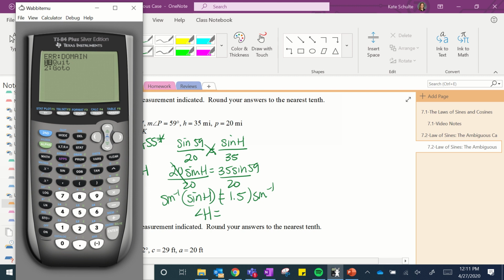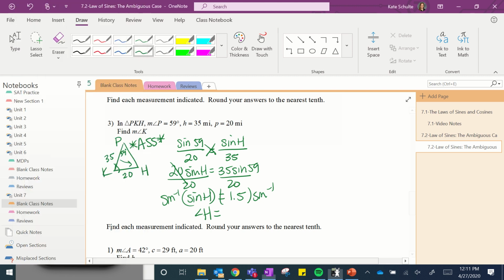So we haven't fully talked about this yet in terms of our domain and our ranges with trig functions. But basically what's in here has to be less than 1. Well, this is for sine or cosine. It's not necessarily true for tangent or cotangent, but we're not there yet.